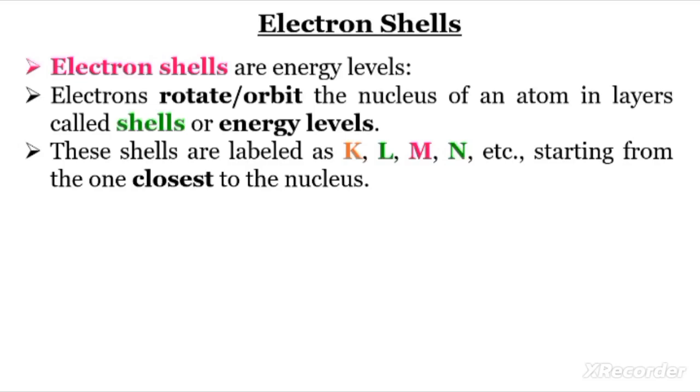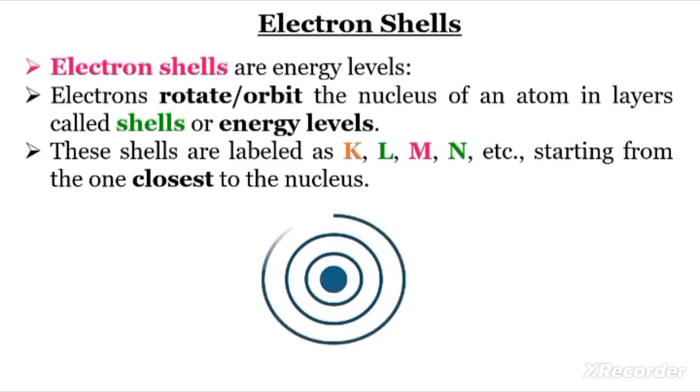So let us illustrate what we are talking about here. We have the nucleus, and this nucleus is surrounded by shells. We have the first shell, the second shell, the third shell, the fourth shell.